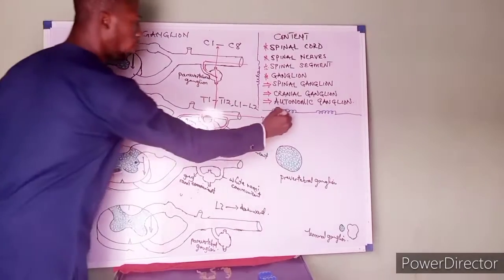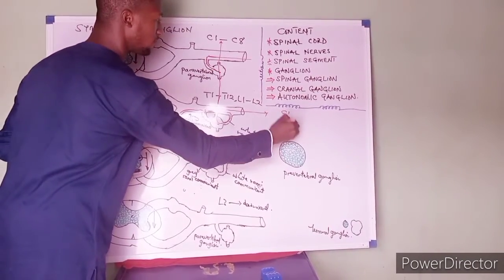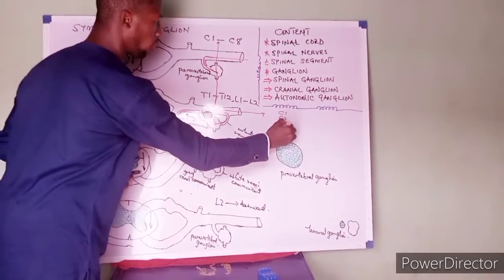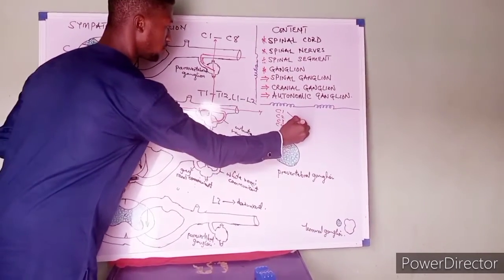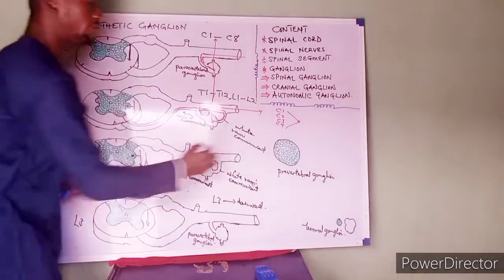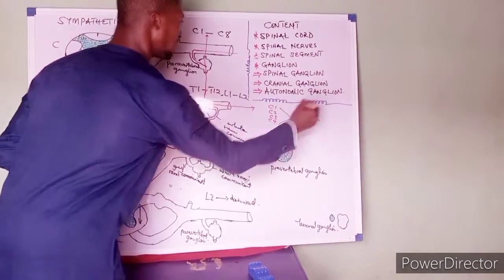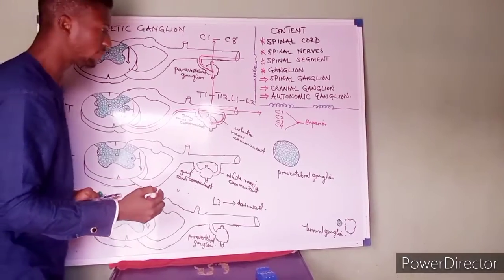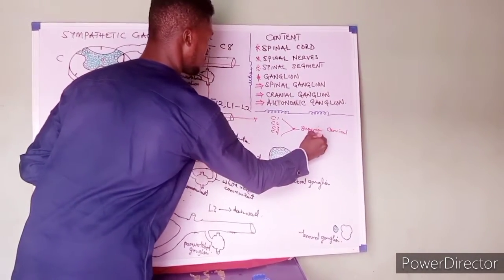The C1, C2, C3, and C4, they join together. They form what we refer to as the superior cervical ganglion.